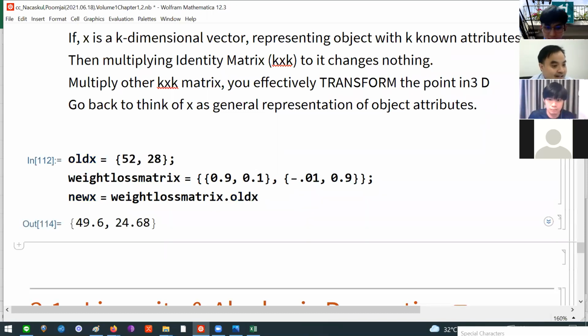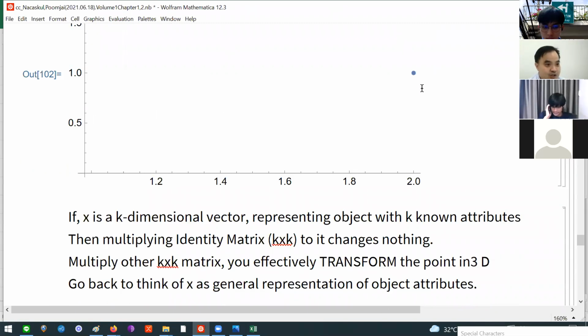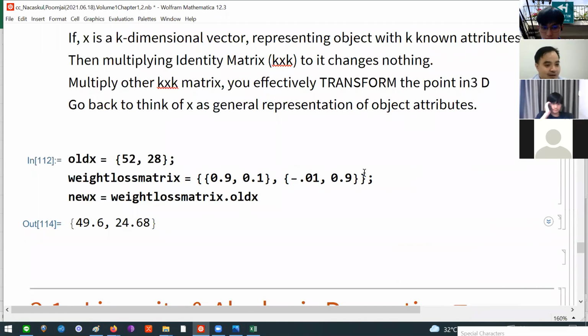So this is the old x, and this is the new one. This is equivalent to before, except instead of having a two-dimensional location in space, you have weight and waist size, and then you move, but you don't say you move the weight and the waist size, you say you transform the person, you transform the figure. So this is like the before and after you see on TikTok.